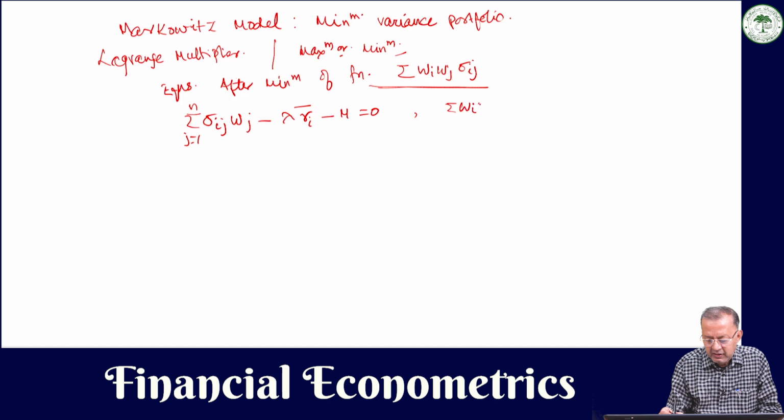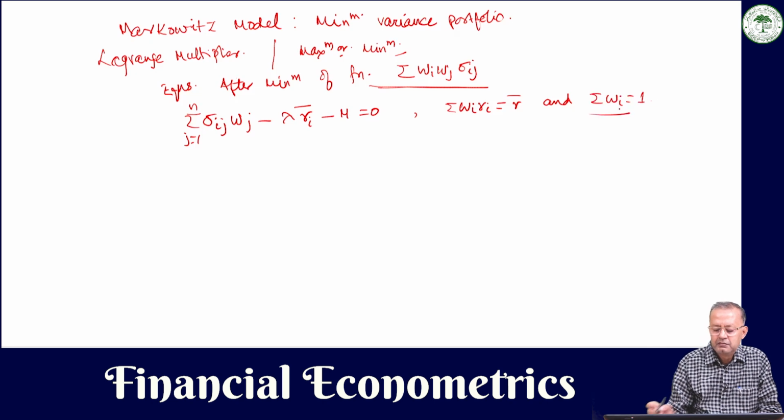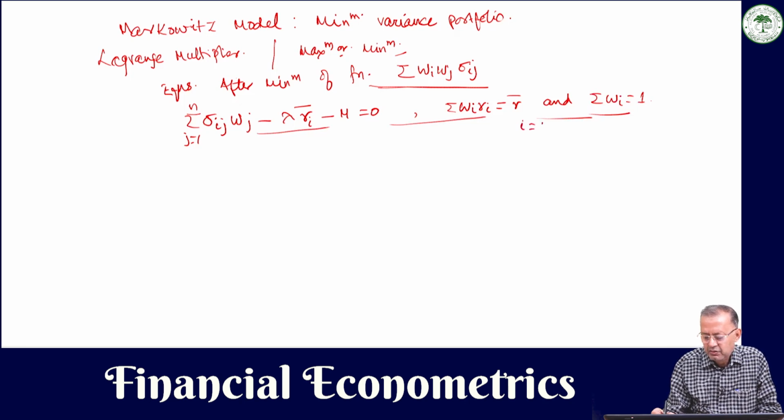Sigma wi ri is equal to r bar, and sigma wi is equal to 1. So this we have achieved, and on this basis we have n equations over here, i is equal to 1, 2, 3 up to n, and 2 equations, this and this. So in total n plus 2 equations are there, n plus 2 unknowns are there.